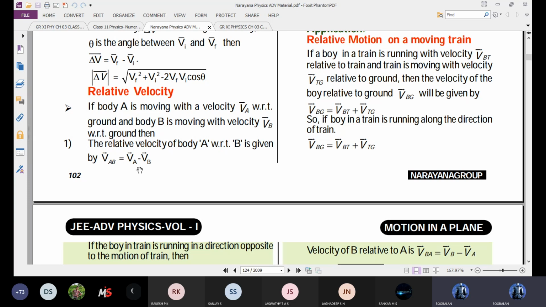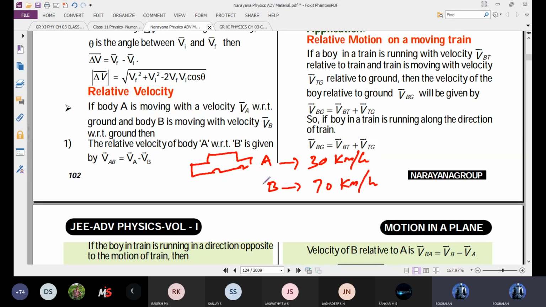In a real life example, car A has a speed of 30 kilometers per hour, and one more car, car B, has a speed of 70 kilometers per hour with respect to the ground.